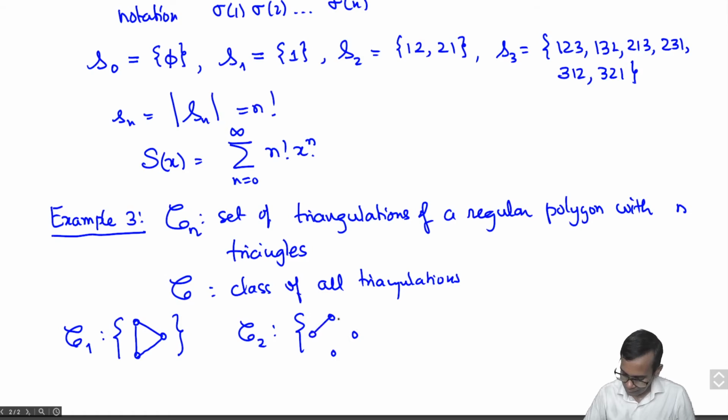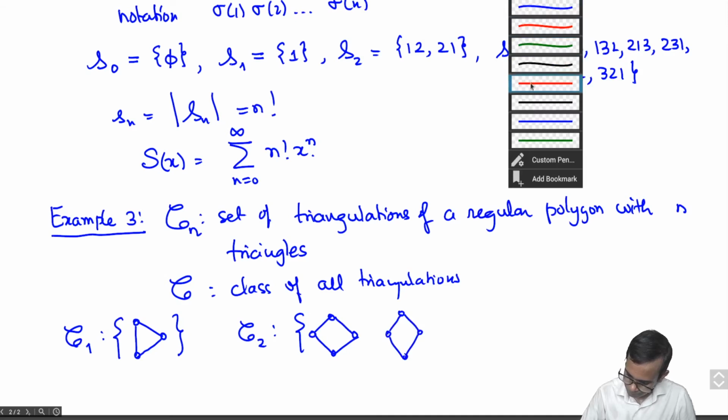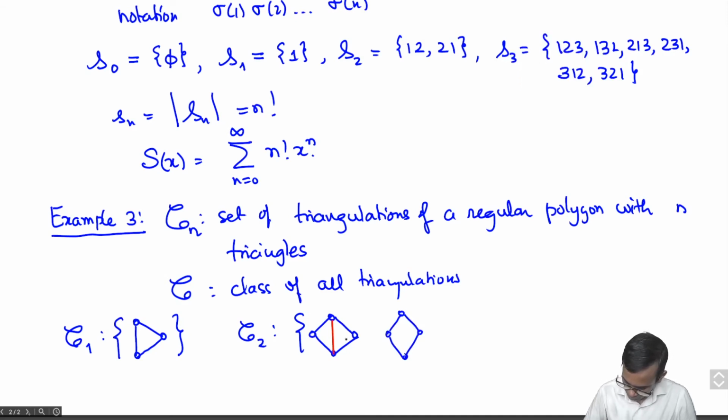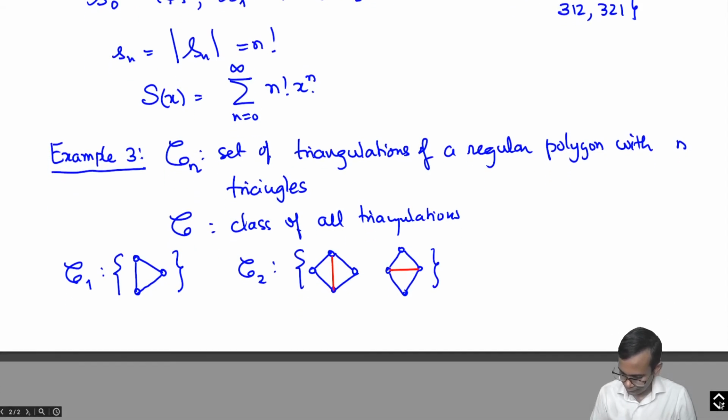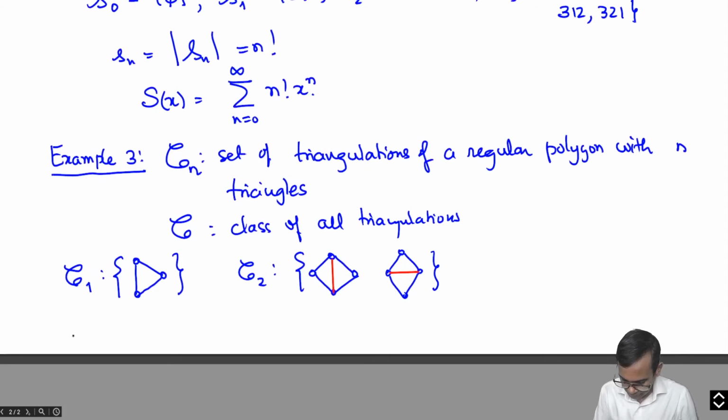And let's see how we can triangulate it. We can triangulate this in two ways. Either we join these two to give us an edge, or we join these two. So there are two triangulations with two triangles, and these are triangulations of a quadrilateral.